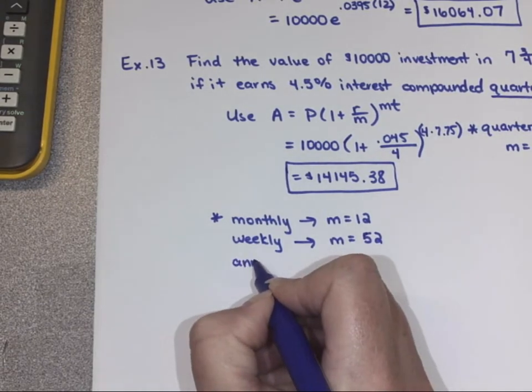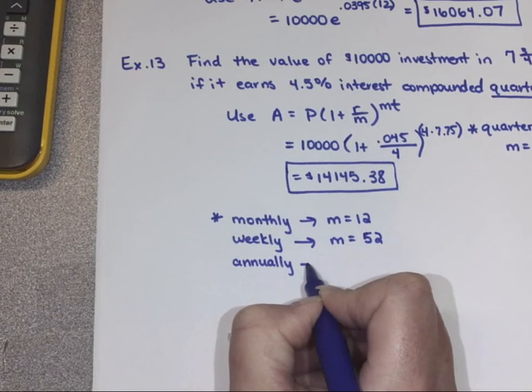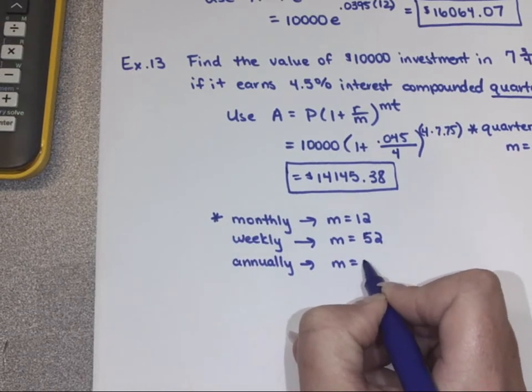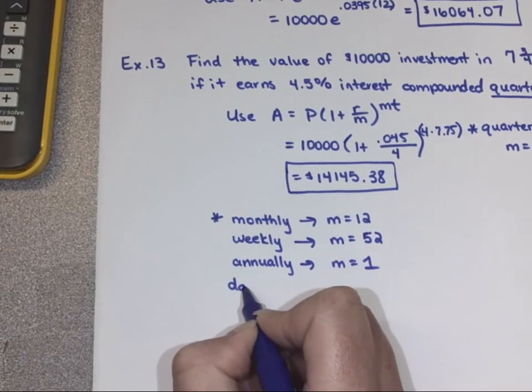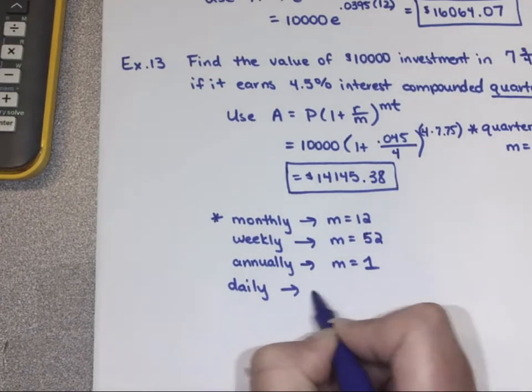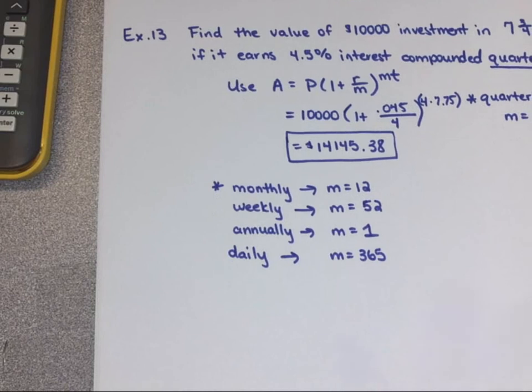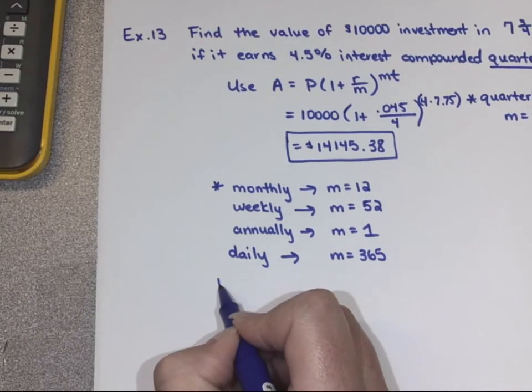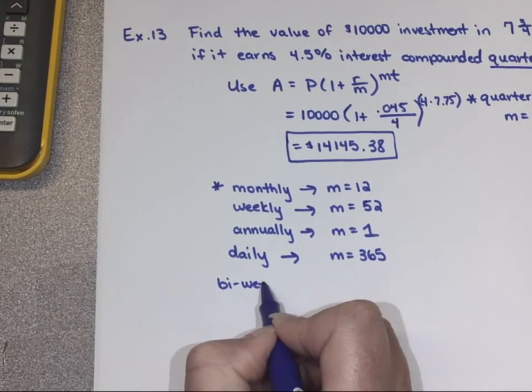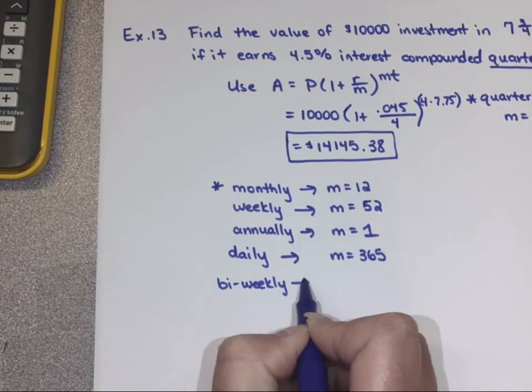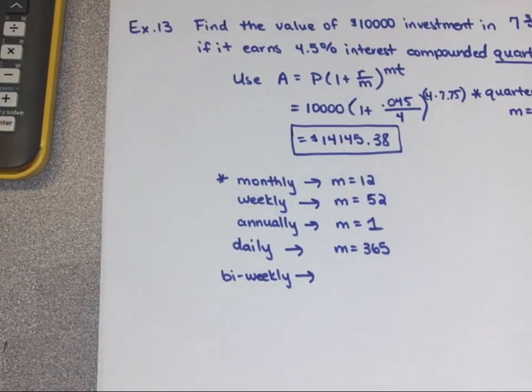If it's annually, then it's just going to be how many times a year? Once. If it's daily, it's going to be what? 365. And then I'm going to include this one just because a lot of people get paid this frequency. There are a lot of people investing in 401ks this regularly.